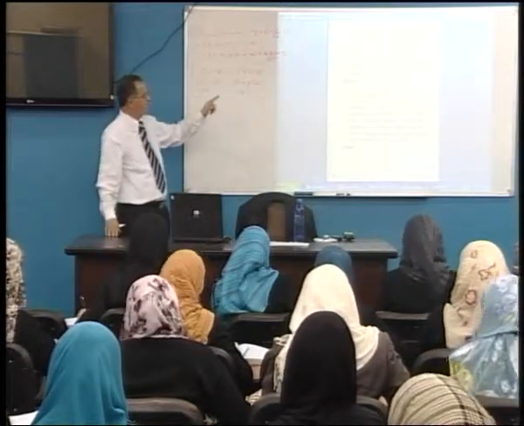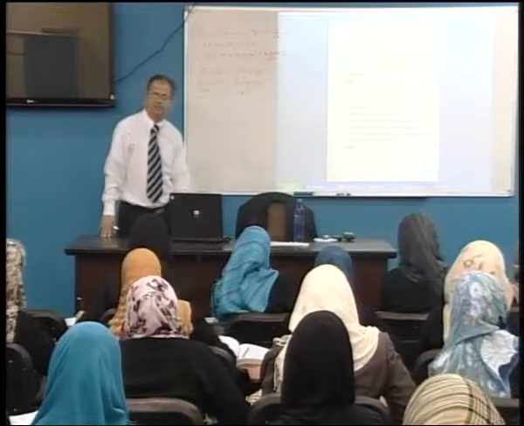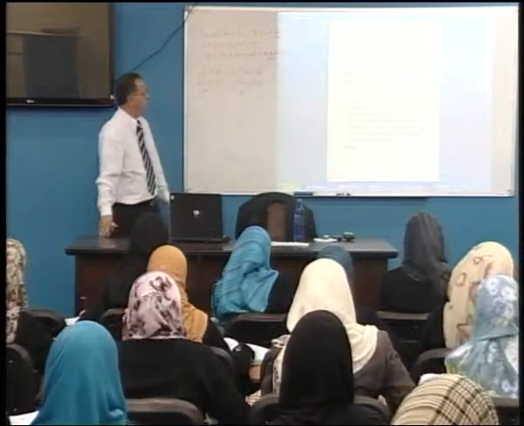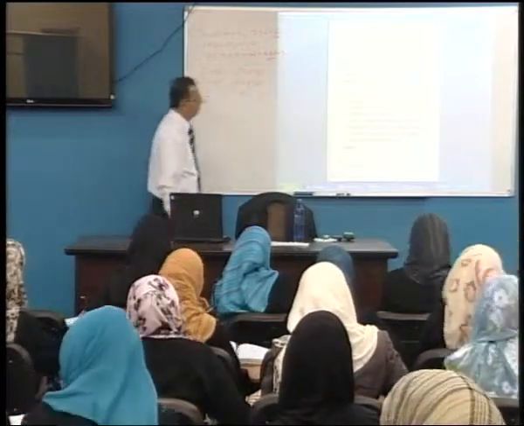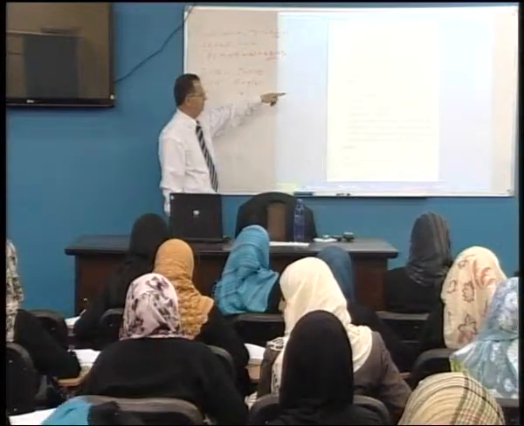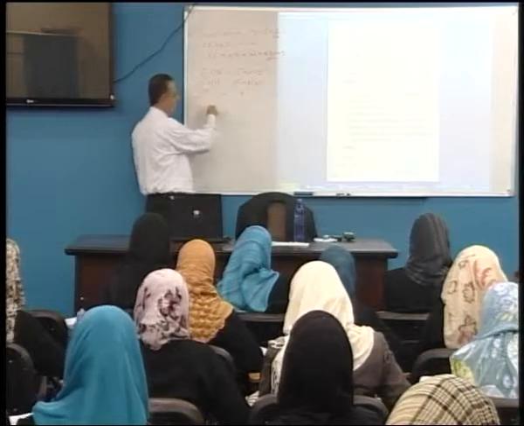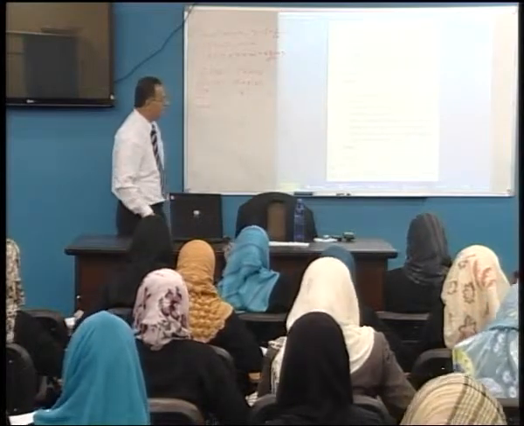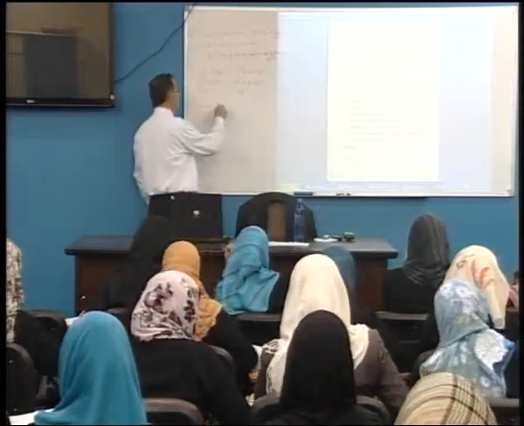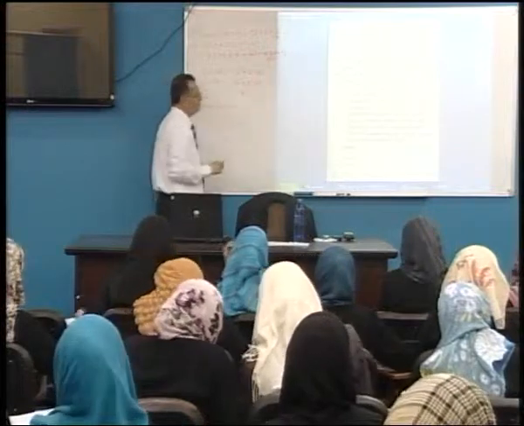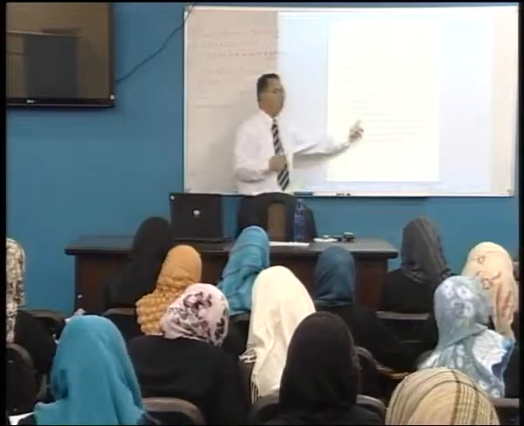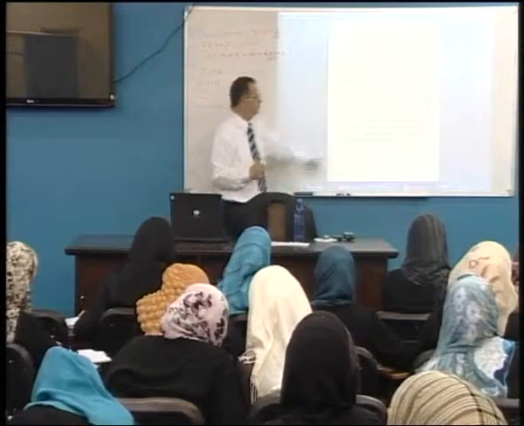Look at number 6. Again, we assume we have the same information for the mean. Mu is 15. The same standard deviation is 4. But here, a random sample of 64 cars is selected.